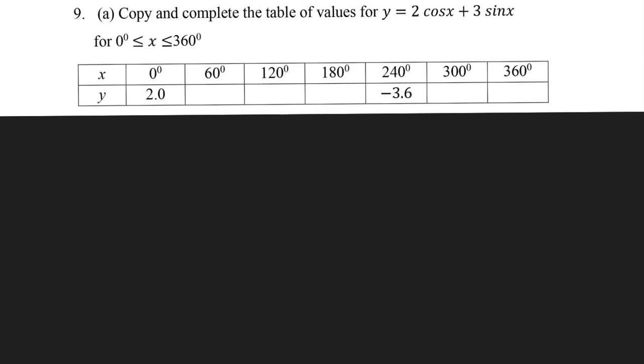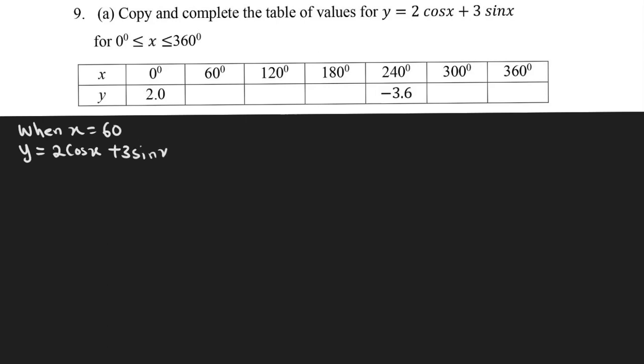Now, writing the first one: when x is equal to 60 degrees. So let's use this equation. We know that the equation is y equals 2 cos x plus 3 sine x.